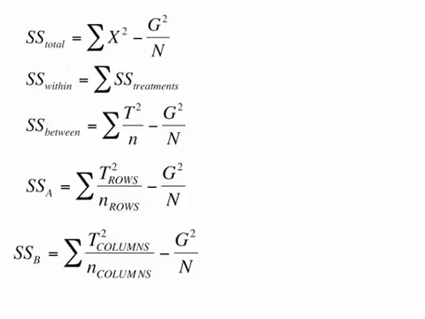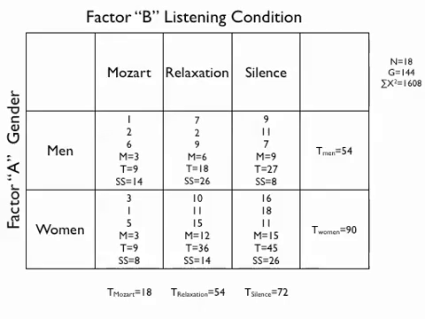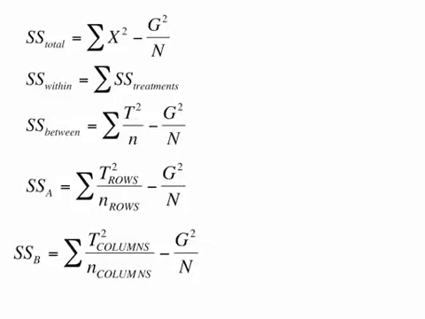And when this says the sum of T squared over n minus G squared over n, I'm going to go back a slide now. It's the sum of the T's in each one of these cells, right? This is the sum of squares sort of between all 6 of these different treatment groups, or among all 6 of these different treatment groups. But then we have 2 new sums of squares that we have to talk about.